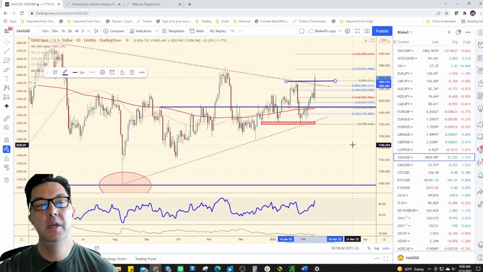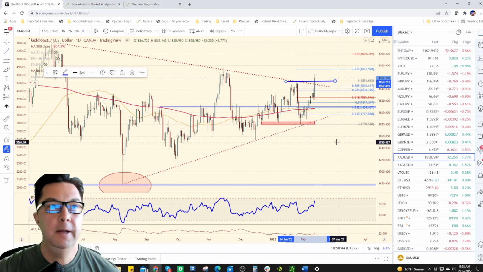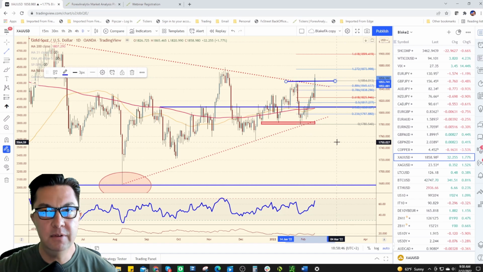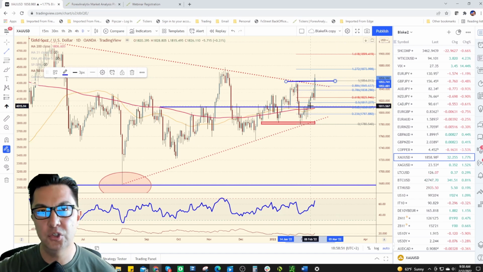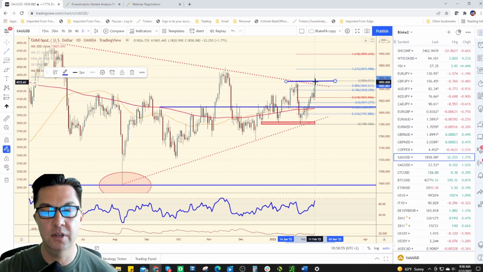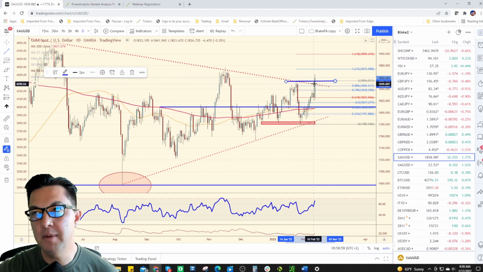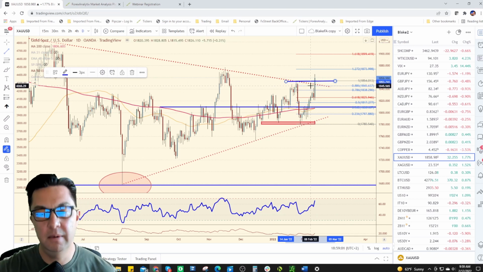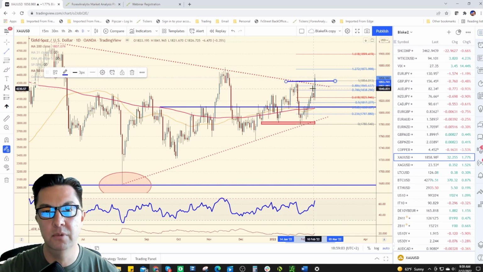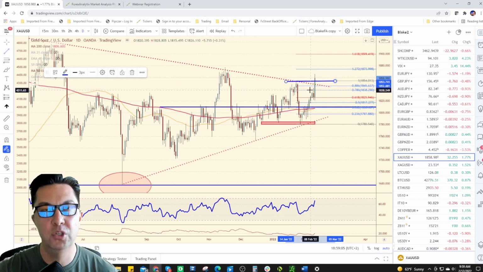So imagine you're a gold bear, pretty aggressively short gold. You've been building the short position, and all of a sudden, late on Friday, you get stopped out because it goes above these highs, and you're like, damn it, I guess I'm not going to be short anymore. It looks like it's breaking out.